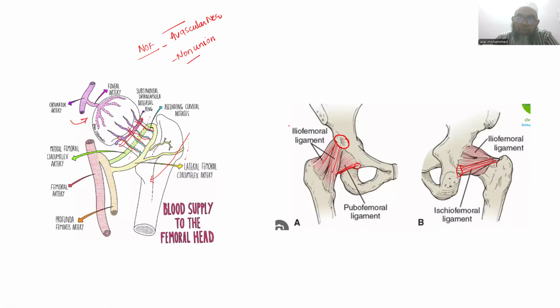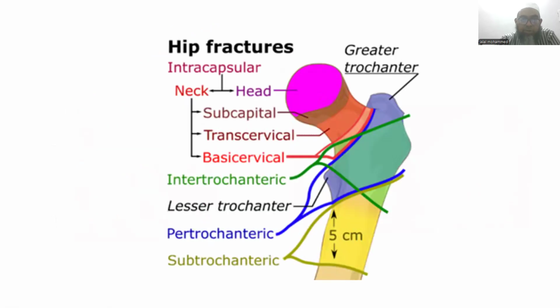So we have three important ligaments: the iliofemoral ligament, ilium to the femur; the pubiofemoral ligament, pubis to the femur; and the ischiofemoral ligament, ischium to the femur. These give a little stability and prevent the head, or the hip joint, from moving into external rotation.